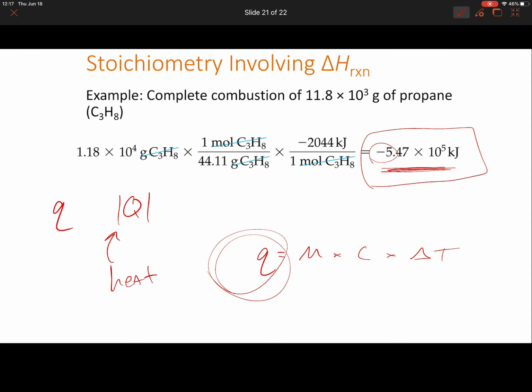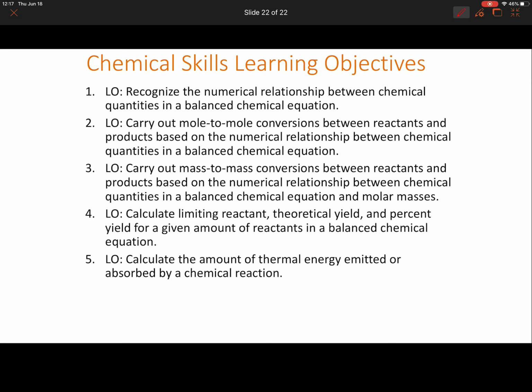Okay, so in review, we went over stoichiometry. Balanced chemical equations give quantitative relationships between reactants and products. We looked at limiting reactant, which is basically the smallest amount of product that gets made. Theoretical yield is the amount of product that can be made based on the limiting reactant. Limiting reactant is what runs out first.